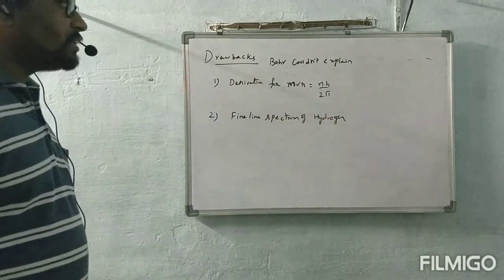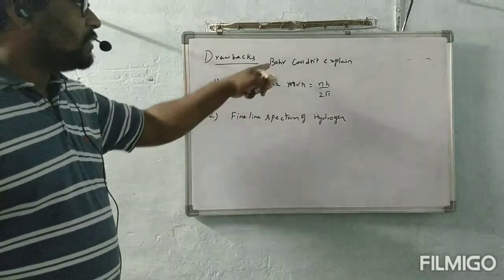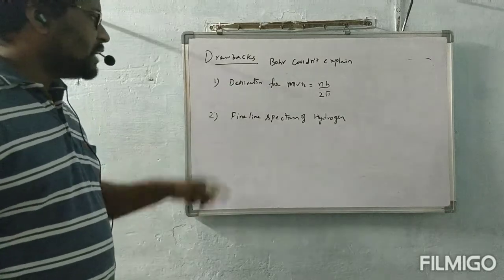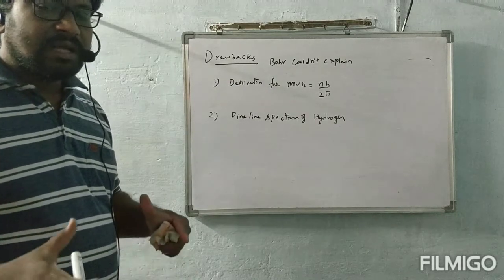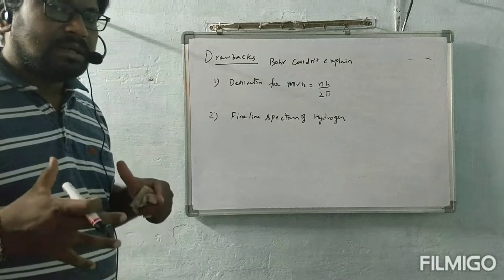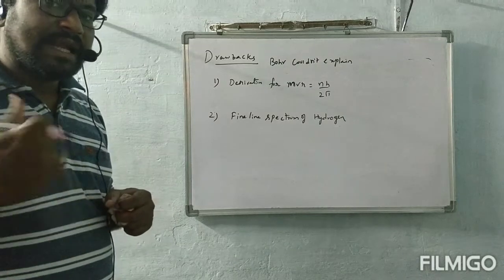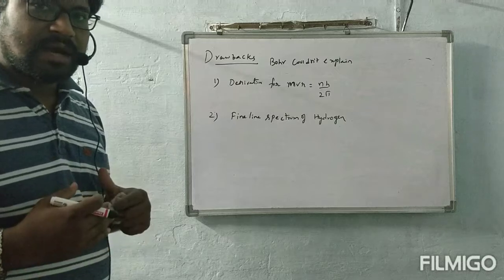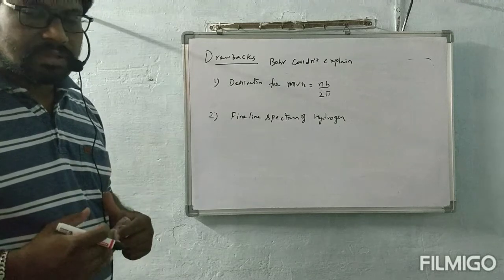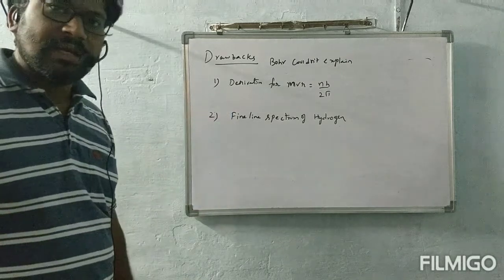Actually he explained the line spectrum of hydrogen, but the fine line spectrum is there. That one also I will give clarity. These points were not explained by Niels Bohr.